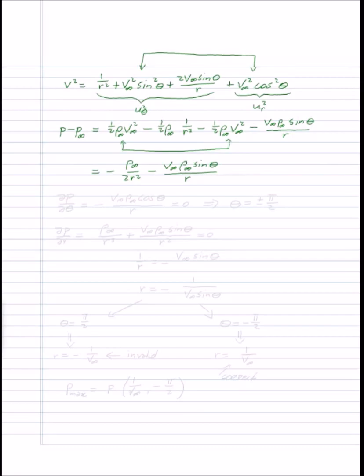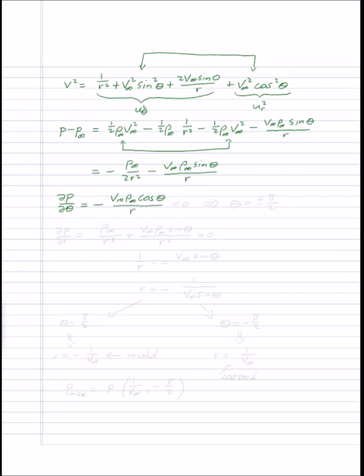Okay, so we've got ourselves dp d theta, which is going to be the derivative of that equation that we found to theta. Well, there's only a sinus theta in there, so this is going to give me a cosinus times the cosinus of theta divided by r.